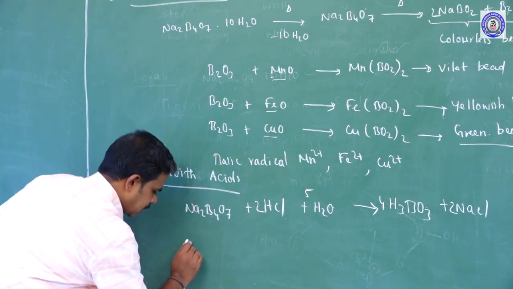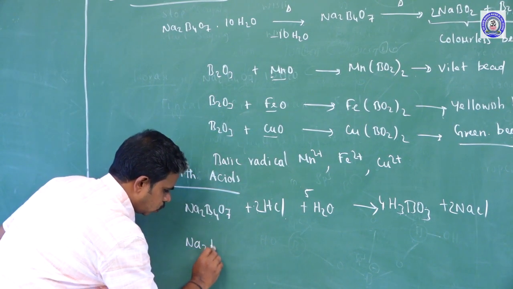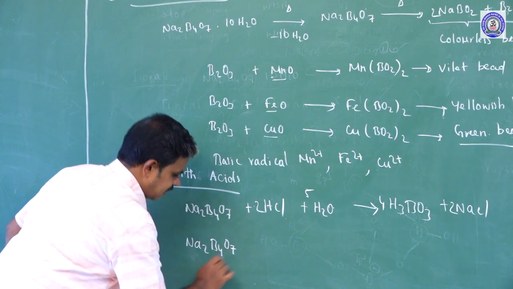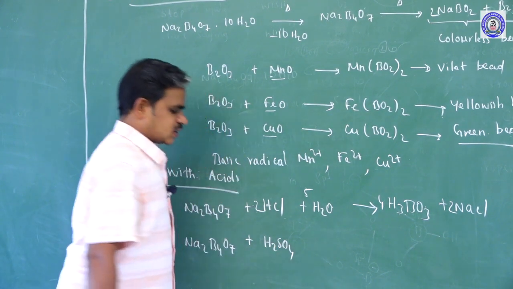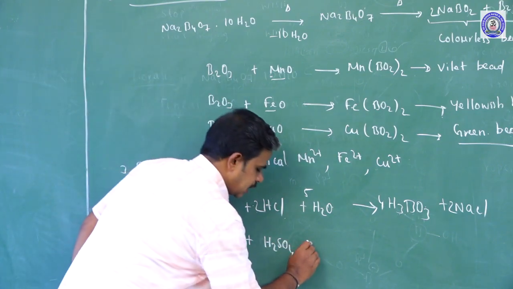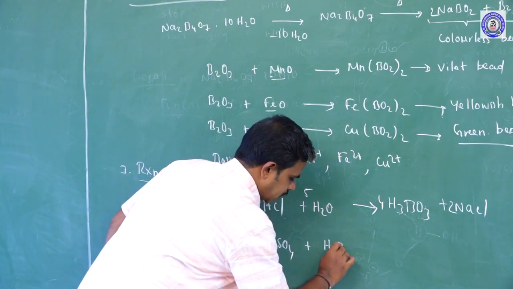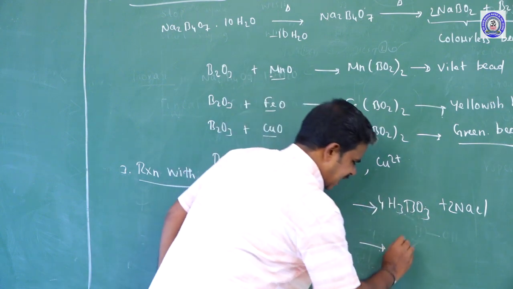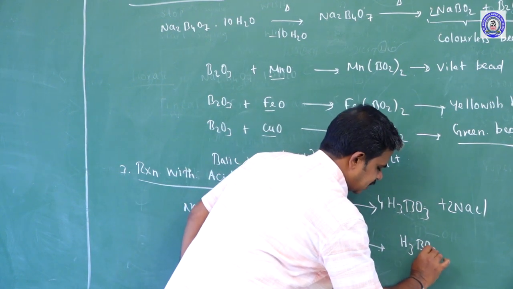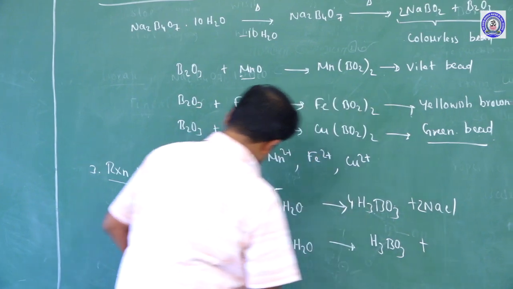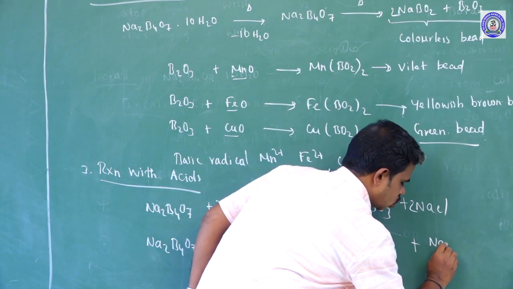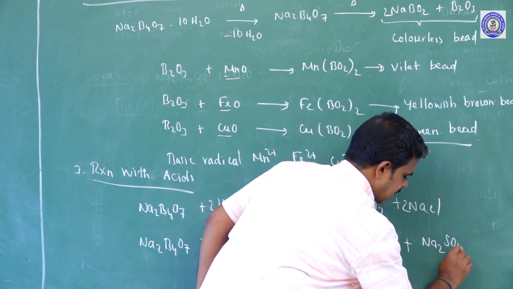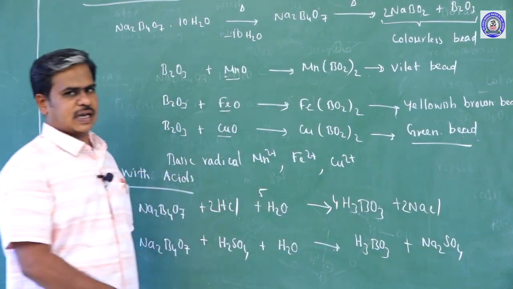The same way, here Na2B4O7 is treated with concentrated sulfuric acid and also water. Then it gives the same way boric acid, H3BO3, and Na2 is there and sulfate is there, so that it is sodium sulfate, Na2SO4, instead of sodium chloride.